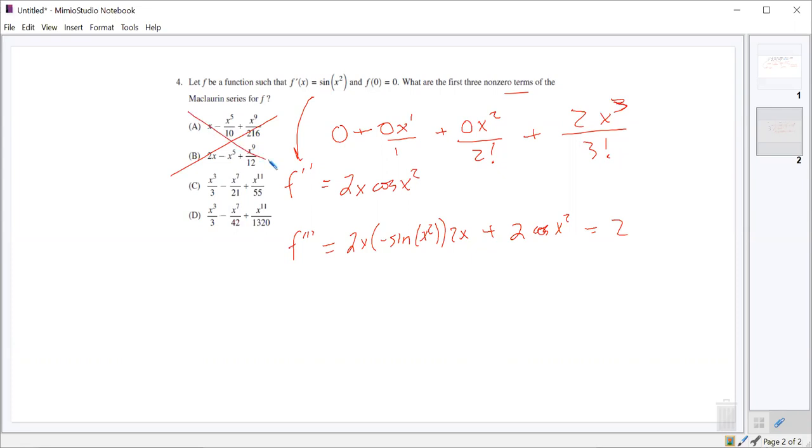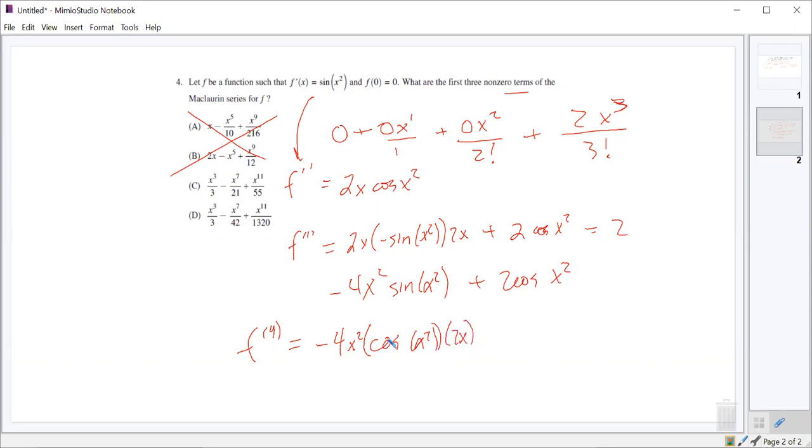And then the next one, it's an unpleasant derivative here. This is negative 4x squared sine of x squared plus 2 cosine of x squared. And so our fourth derivative, which should give us whichever one of C or D it might end up being, should be negative 4x squared times the derivative of sine of x squared, which is going to be cosine of x squared times 2x.